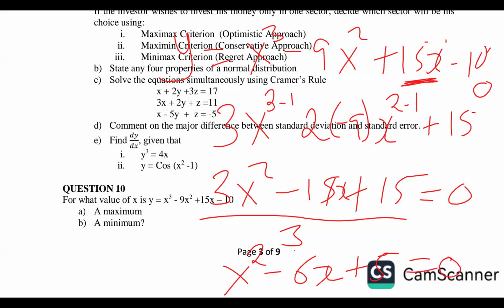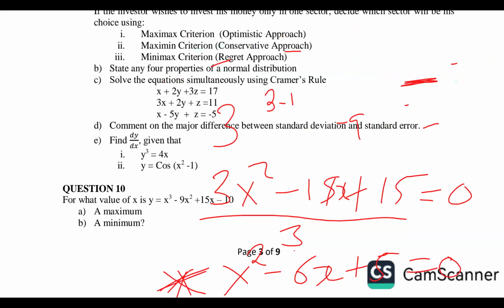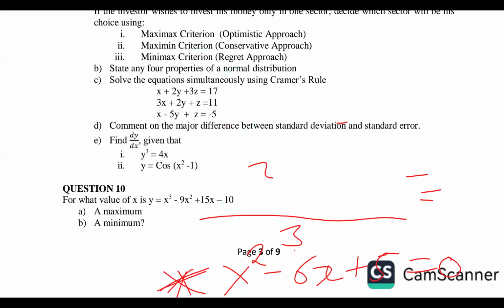Then we solve this function. This is a quadratic equation, and we're solving for critical values. Are there any questions up to here?